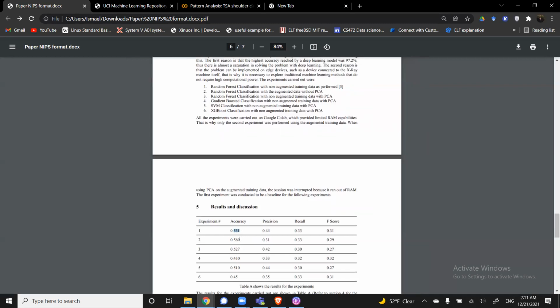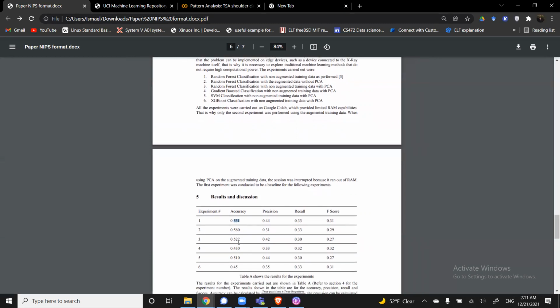Also, we can see that when we use the PCA, the drop in the accuracy isn't really that large. The drop in the accuracy is really small. And since the drop in the accuracy is really small, I said, why not perform the PCA with the remaining methods that I wanted to make? So why not use the data after performing the PCA with the gradient boosted classification, the SVM classification, and the XGBoost classification?